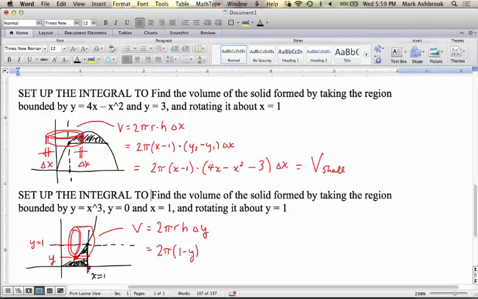So what's the height of the shell? 1 minus x. Okay, so we need to get this in terms of y. What is x in terms of y?